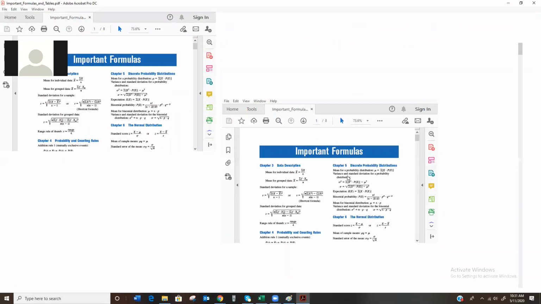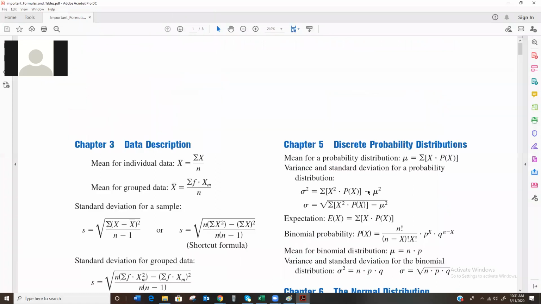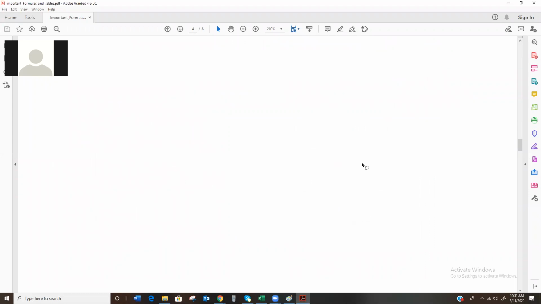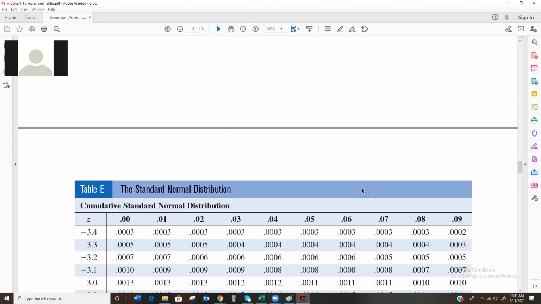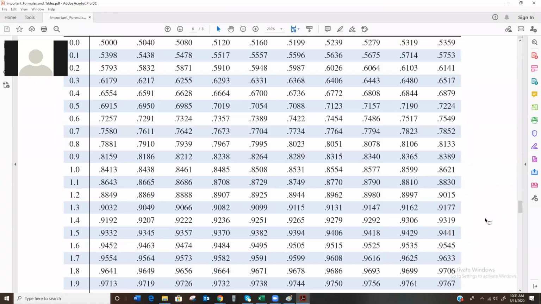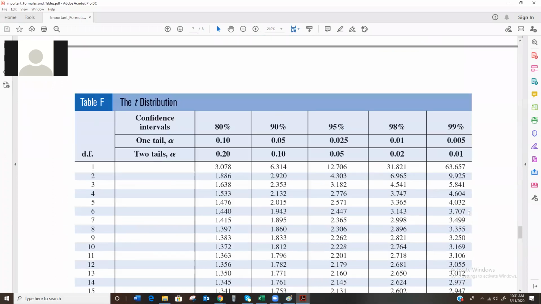So if we were on this one, once you decided whether it was a Z or a T, then you have to go to the top row here, confidence interval. So all of chapter 7 will use this top row.